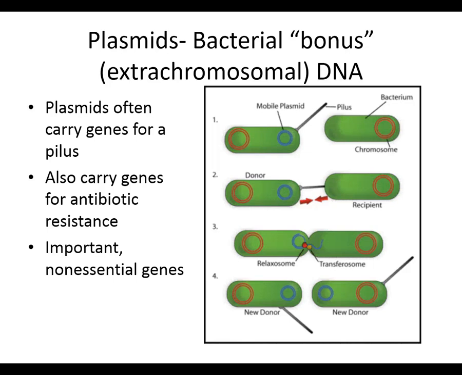And then, what kind of DNA is on this plasmid? What color is the plasmid? Blue. What's the red part? That's the chromosome. That's in the nucleoid region of that bacteria.